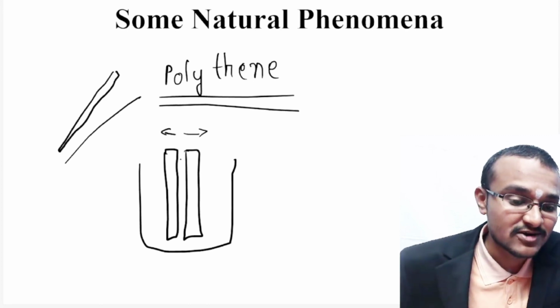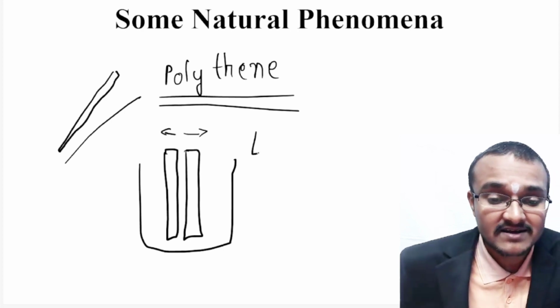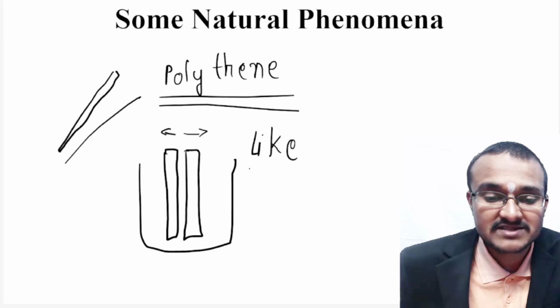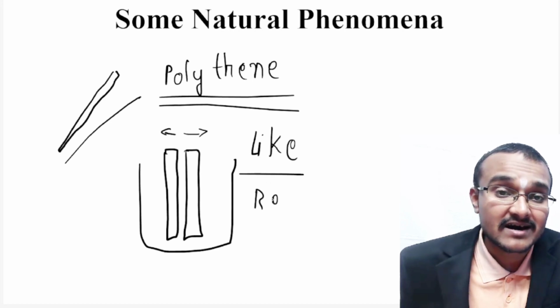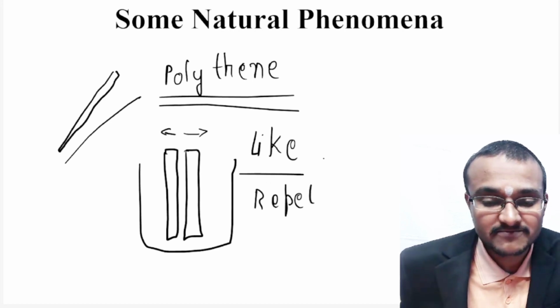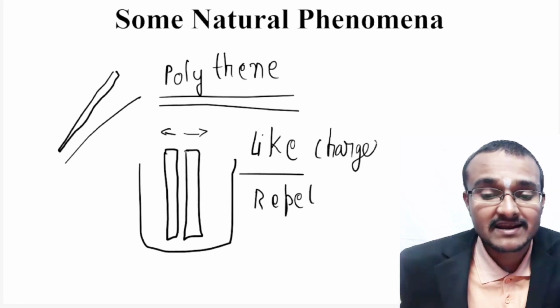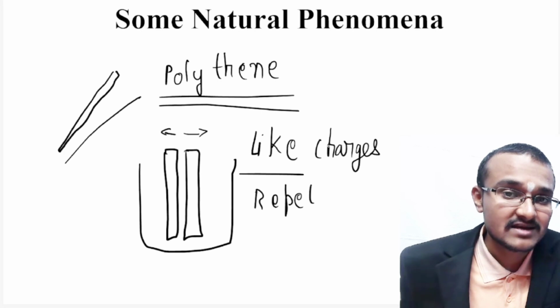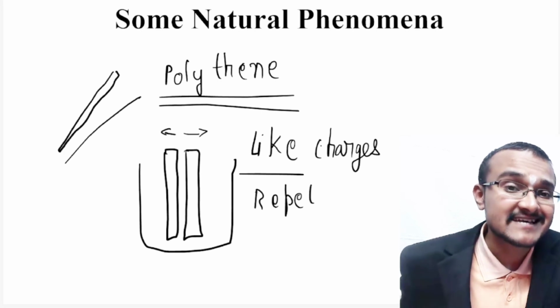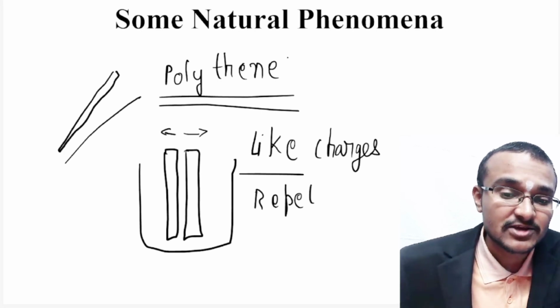So here also the charges accumulated on these two refills are like charges. Hence here also there will be repulsion. Both refills have gained like charges, the same kind of charge, because you used polythene cloth to charge both.